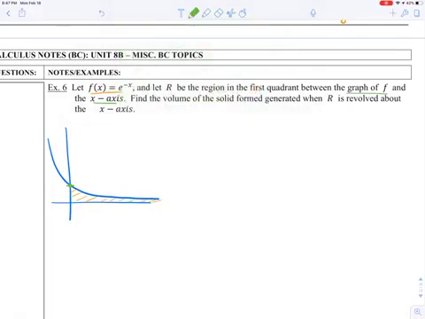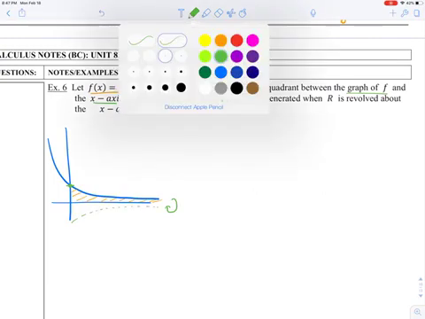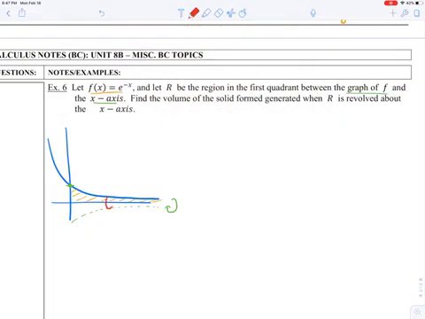Now, we're going to revolve this around the x-axis. What I'm going to get is a 3D shape that, when I cut slices, gives a disk with a radius represented by the function.